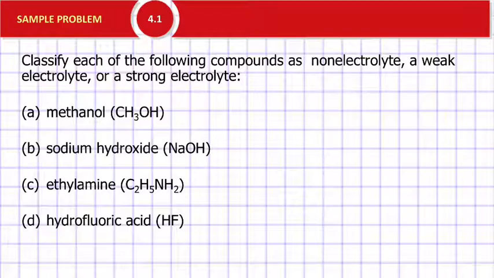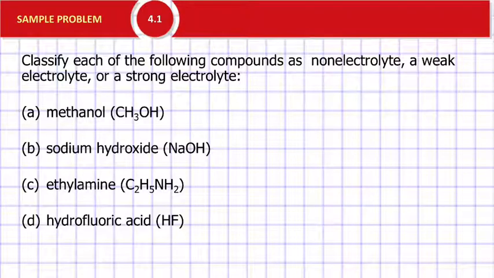Okay, so we're supposed to classify each of these compounds as a non-electrolyte, a weak electrolyte, or a strong electrolyte. So let's look at this first one. This is methanol, and here's the formula, CH3OH. Is this an ionic compound? No. Is it an acid? No. Does it look even remotely like NH3?